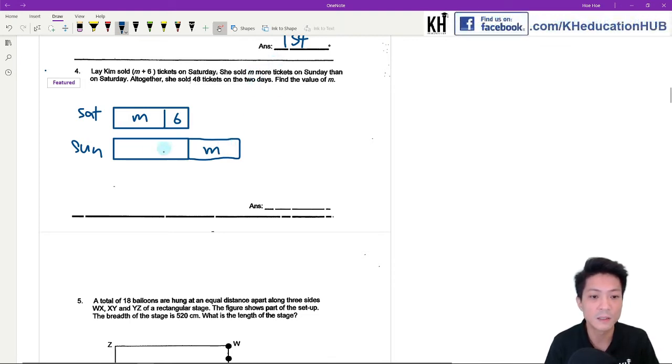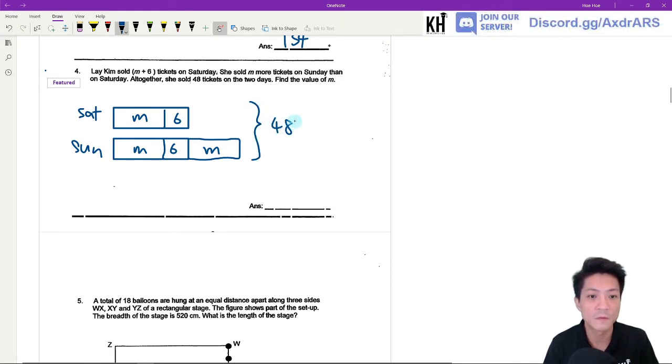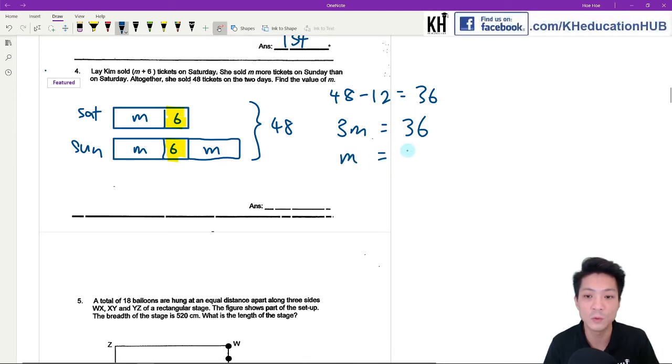Now if you cut it into the same blocks, here is gonna be 6 and here is gonna be M, and all together is gonna be 48, right? So the first thing we need to do is remove the extra 6 and 6. 48 minus 12 is gonna give you 36. Then this 36 is equal to 3M, which means that M will be equal to 12.